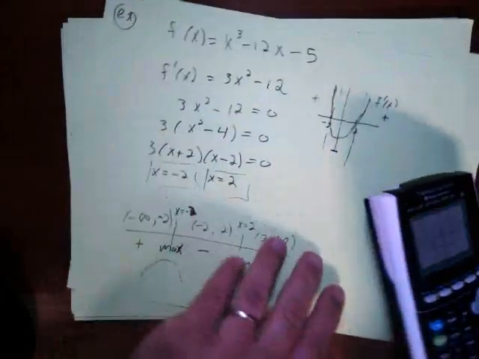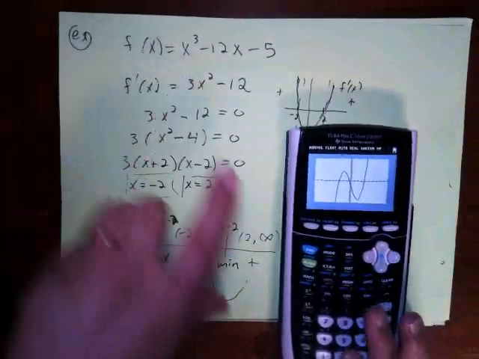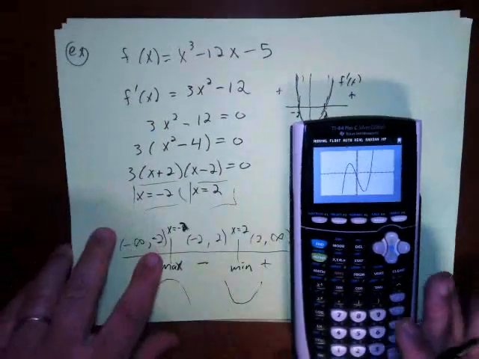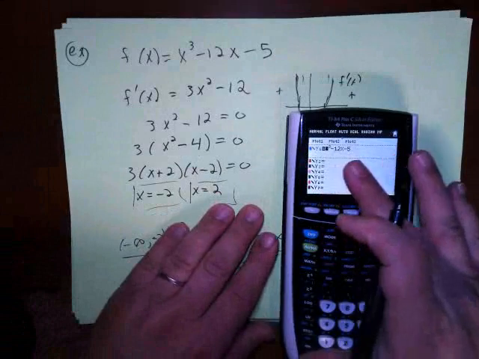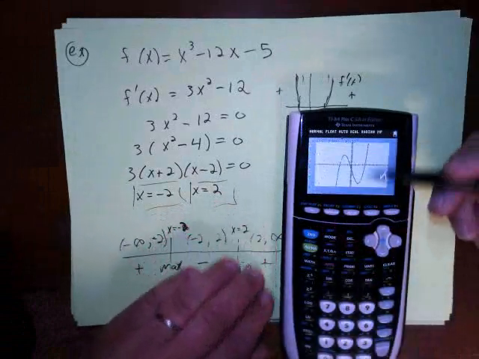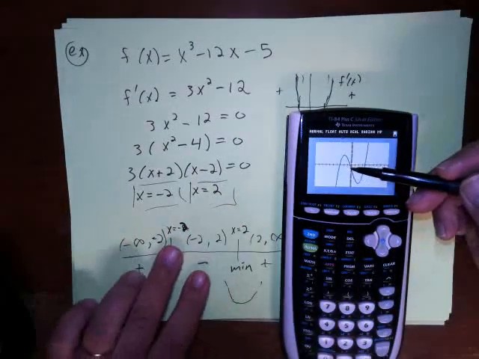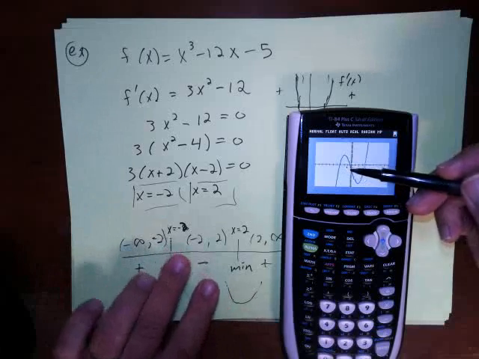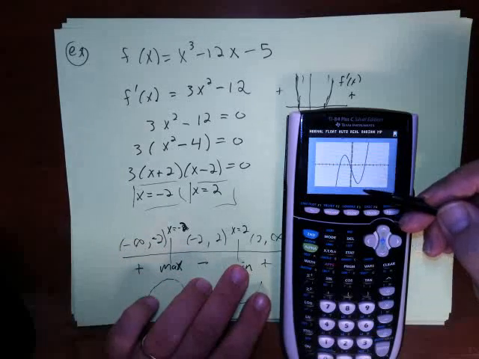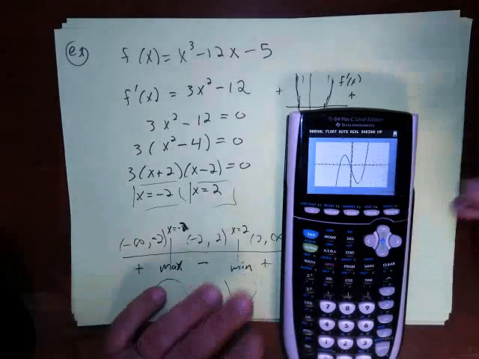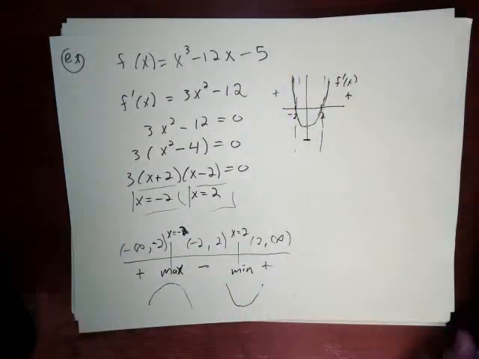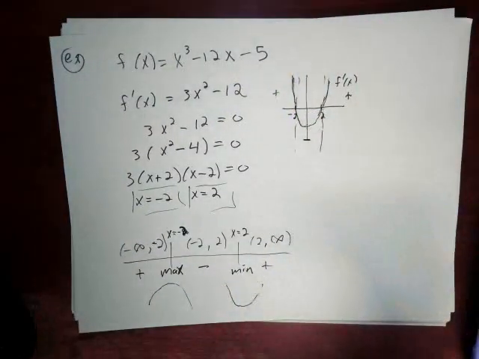Remember, this is the derivative here. If I graph the original function, which I did here, you can see indeed that at negative 2 it is a max, and at positive 2 it is a min. So that's how the first derivative test works.